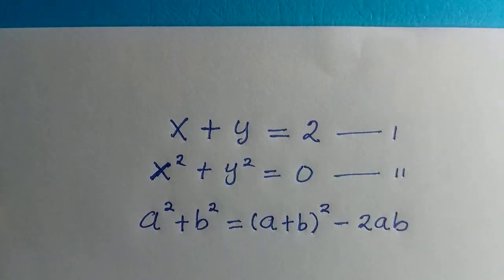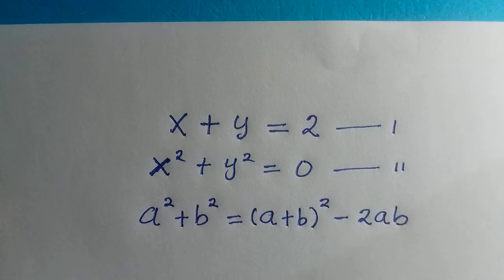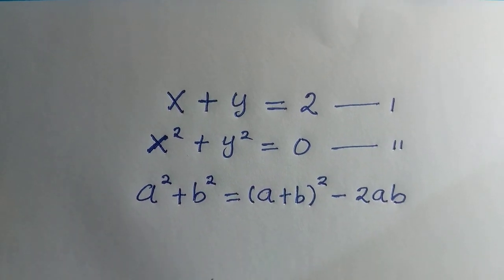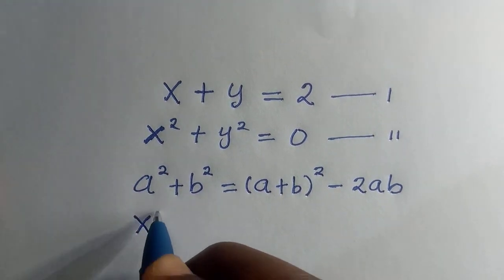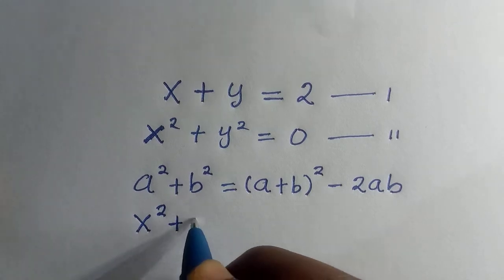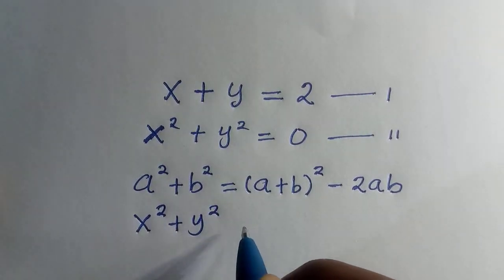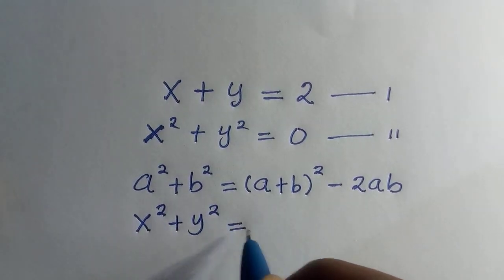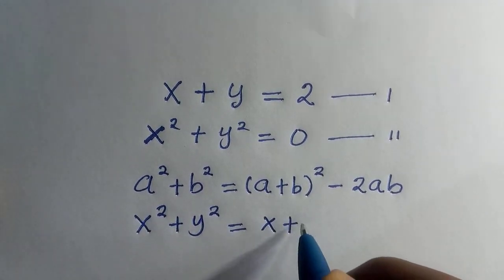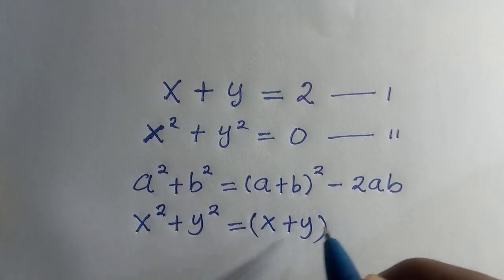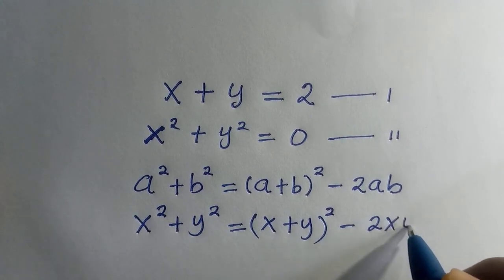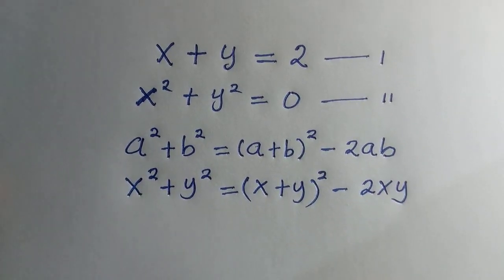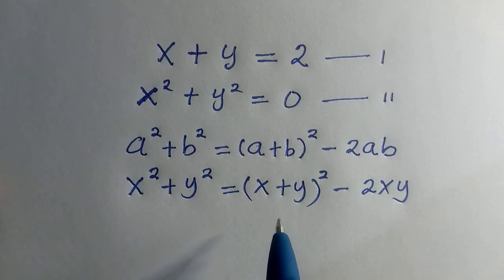We consider this as an identity, and when we try to apply it for the second equation, that is x squared plus y squared is equals x plus y all squared minus 2xy.